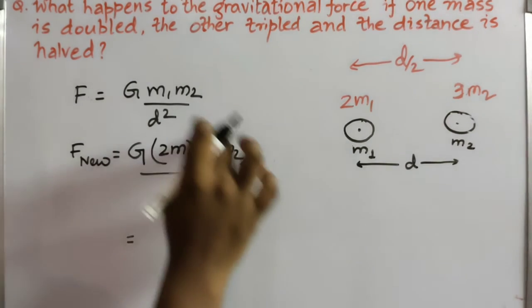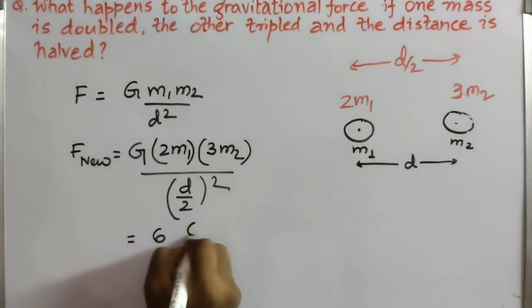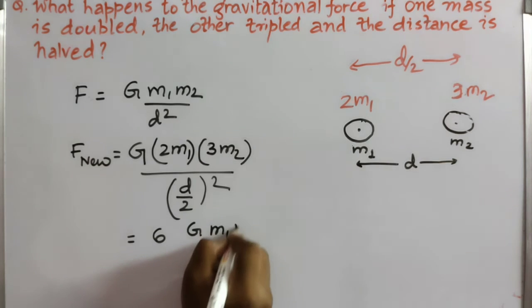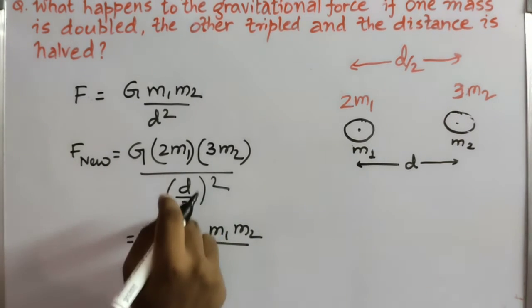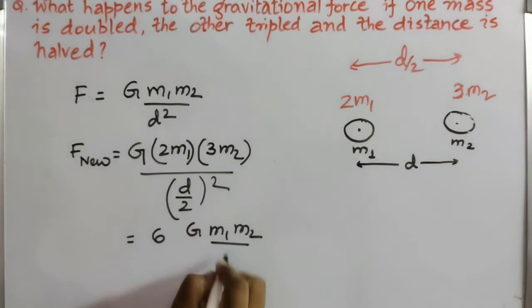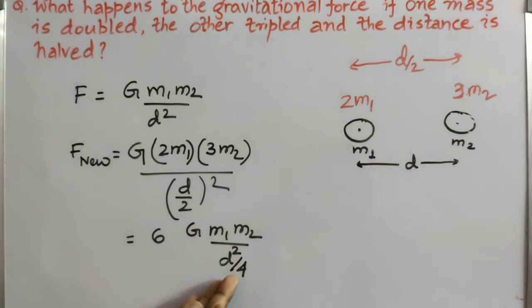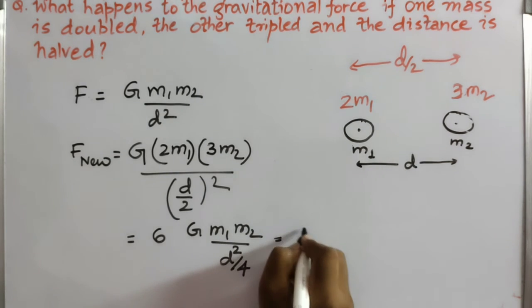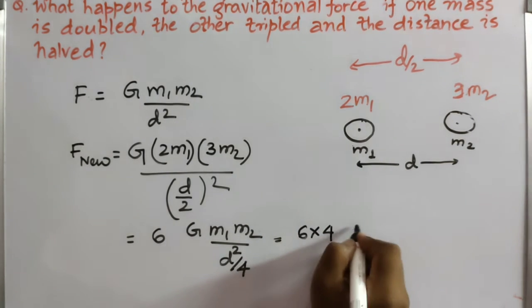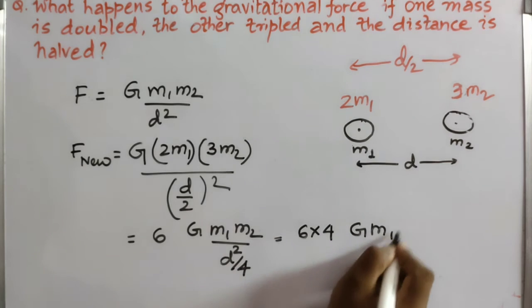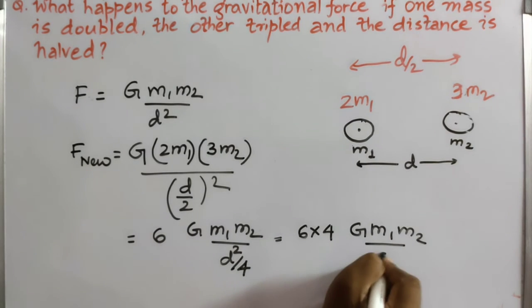Let's see what happens. So this is 2 into 3, 6. 6 G m1 m2 by d by 2 whole square. So this gives us d square by 4. So d square by 4 goes to the numerator. We have 6 into 4 G m1 m2 by d square.